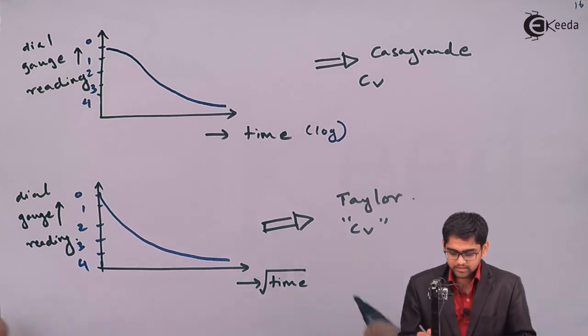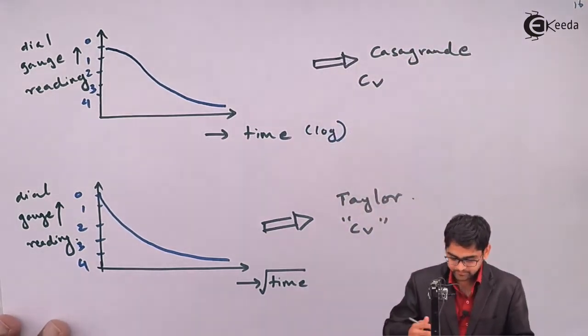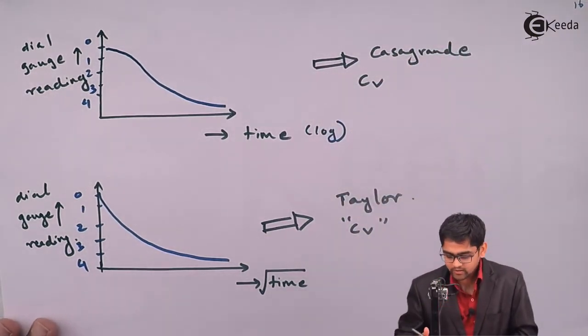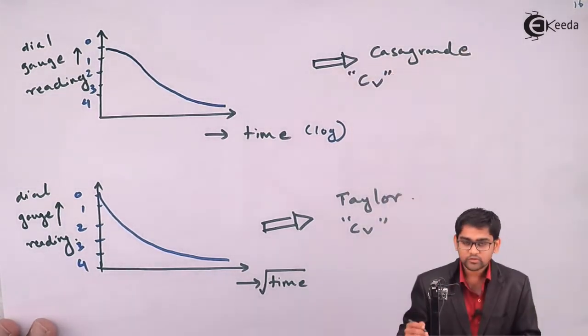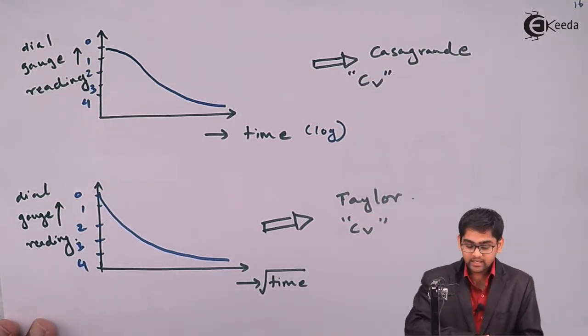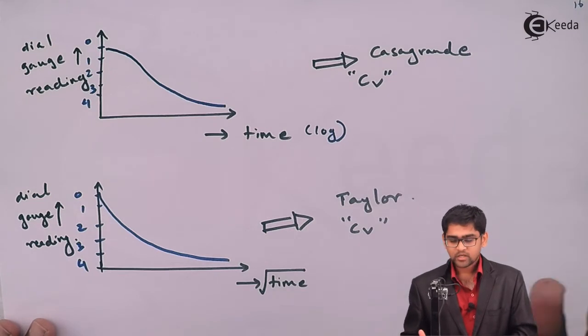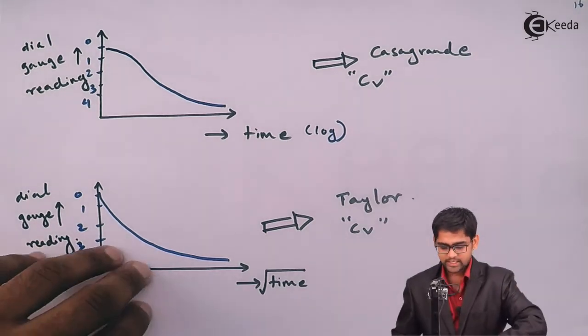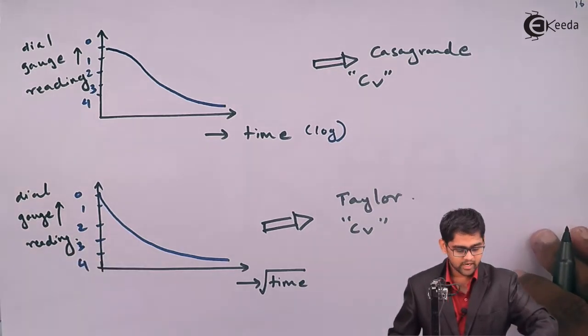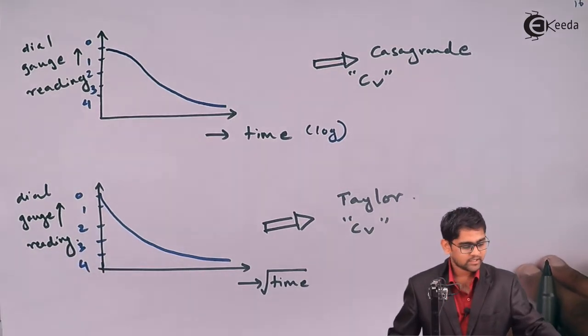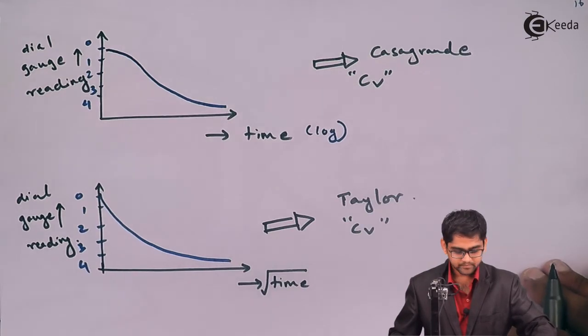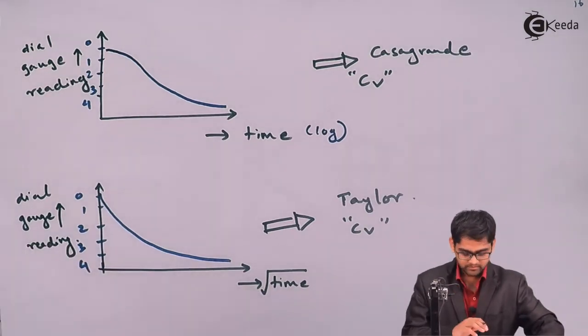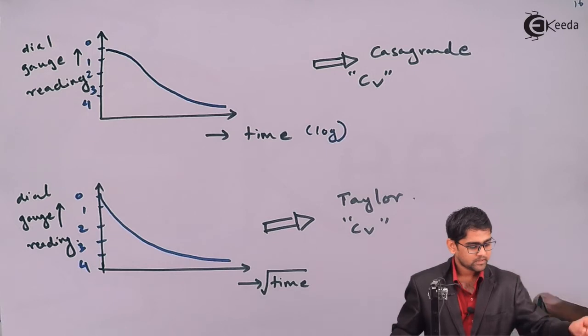These are the two procedures by which you can calculate the coefficient of consolidation, which is the final outcome of the consolidation test. But apart from this, I would like to have one more clarity about the e versus p curve, which is very important.